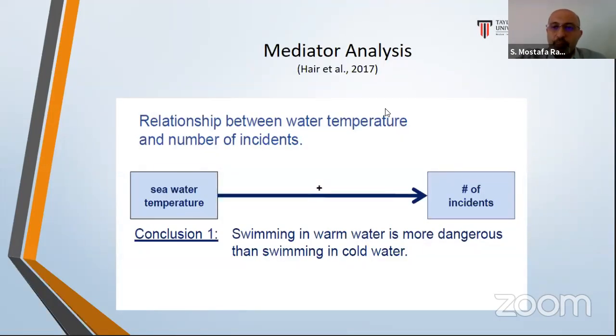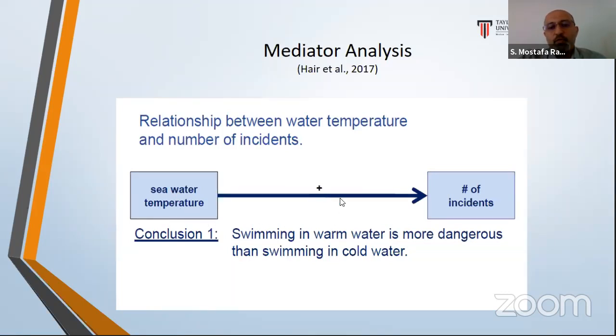Here is a very simple example to understand the meaning of a mediator. Later, based on this simple example, I will go through hypothesizing a mediator. For example, in one study, we want to see the effect of seawater temperature.